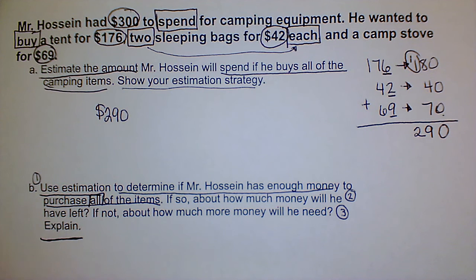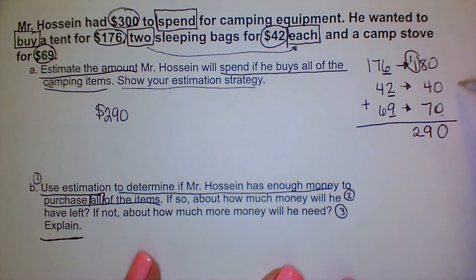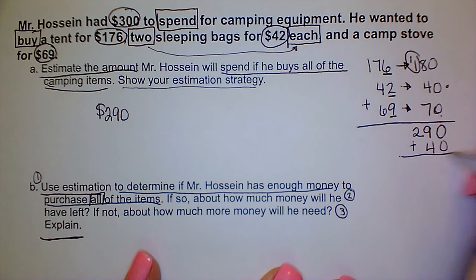Now we kind of messed up on 1. What happened with 1? We actually messed up. We circled a key number and then we didn't use it. 2. So what were we supposed to do to those sleeping bags? Multiply them. So since we didn't, we need to say, okay, well, I have 2 of these, so I need to add another $40.